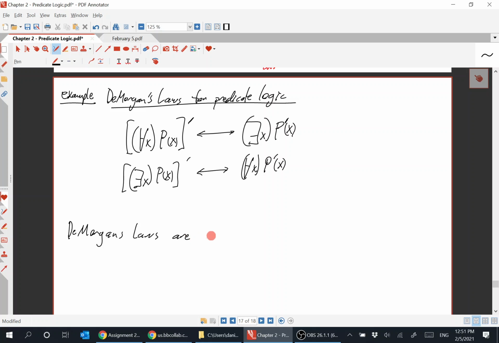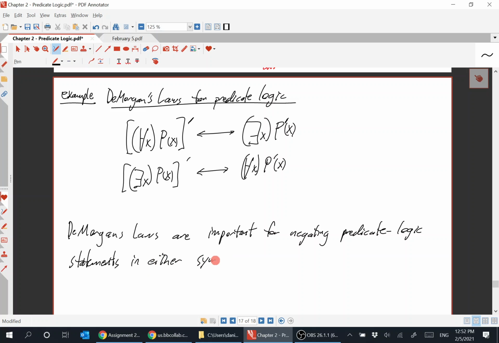They are important for negating predicate logic statements written in English, in either symbolic logic or just in English, or French or Spanish or whatever else.